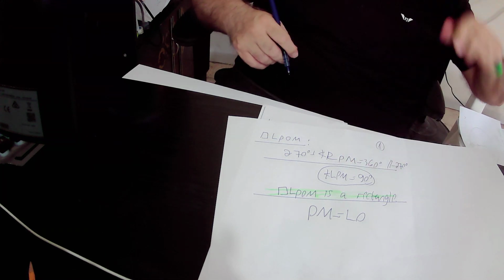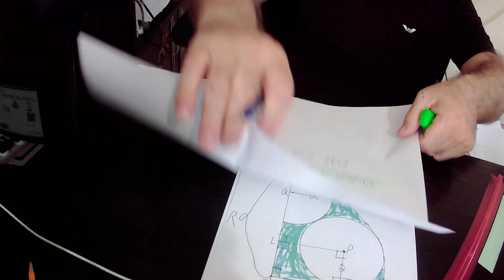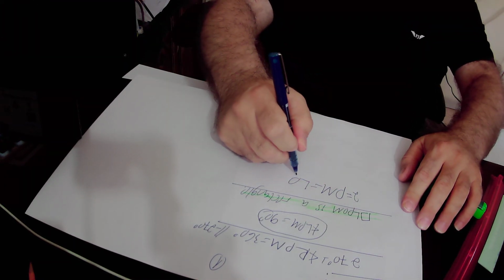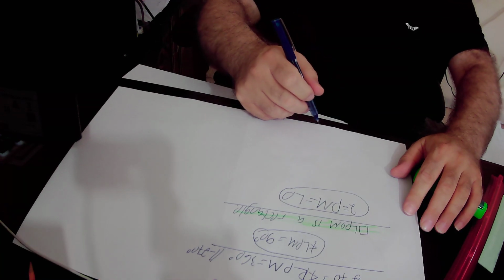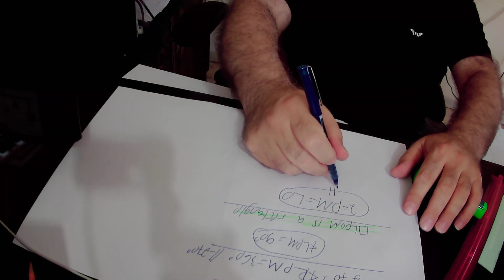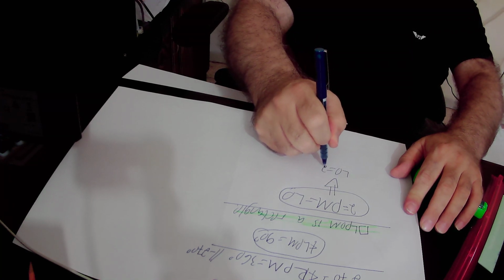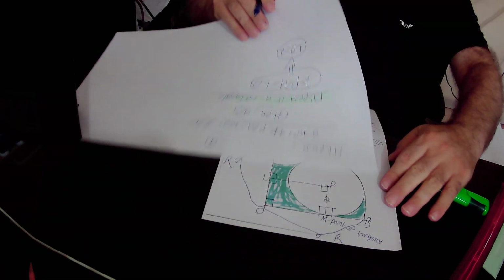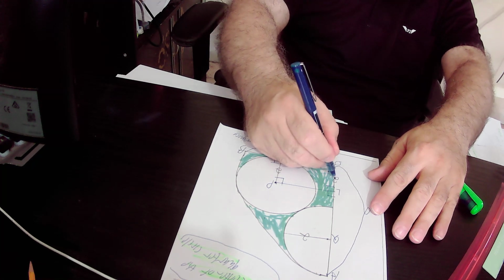But we know that PM equals 2 units, so from the equation 2 equals PM equals LO, we will derive that side LO is also equal to 2 units.